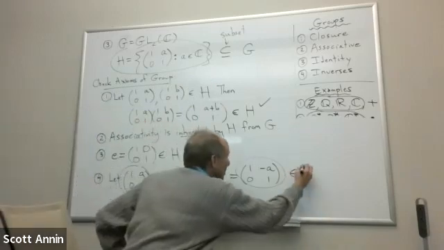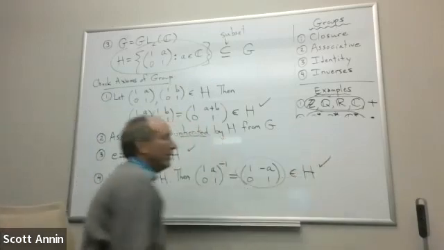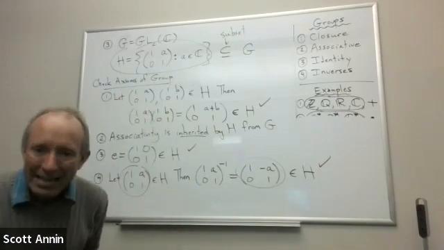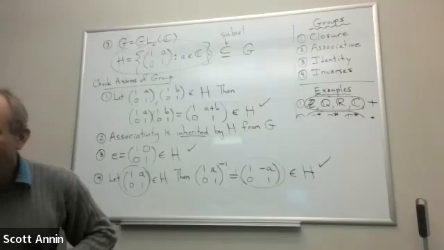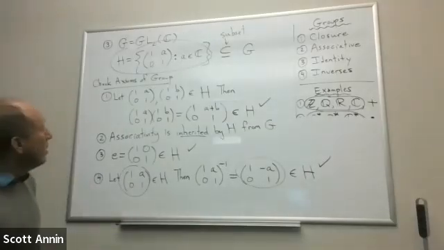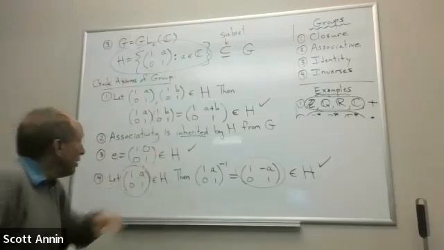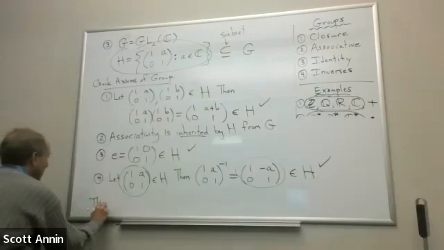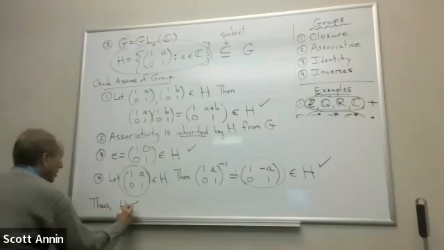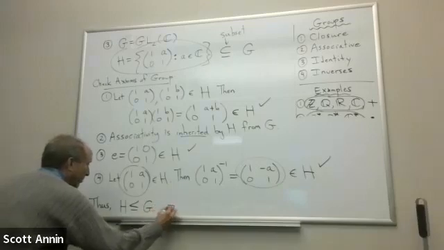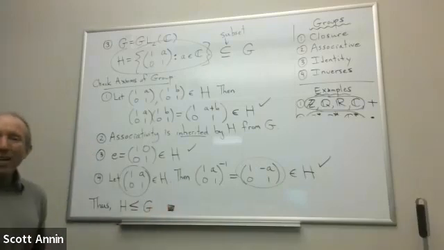So this is still in H. So you have now verified these axioms. It's quite nice. We've been able to verify the axioms of a group for H. And so the conclusion is, thus, H is a subgroup of G. It's a nice example of a subgroup.